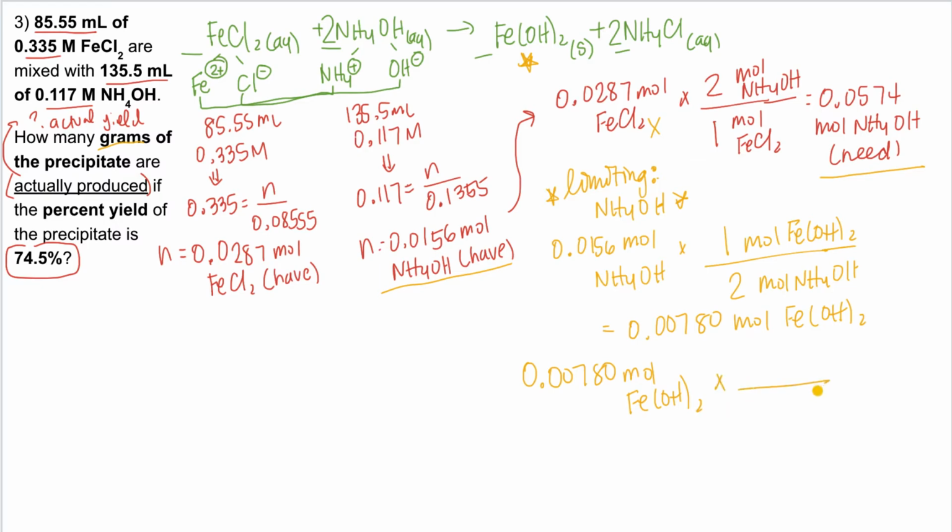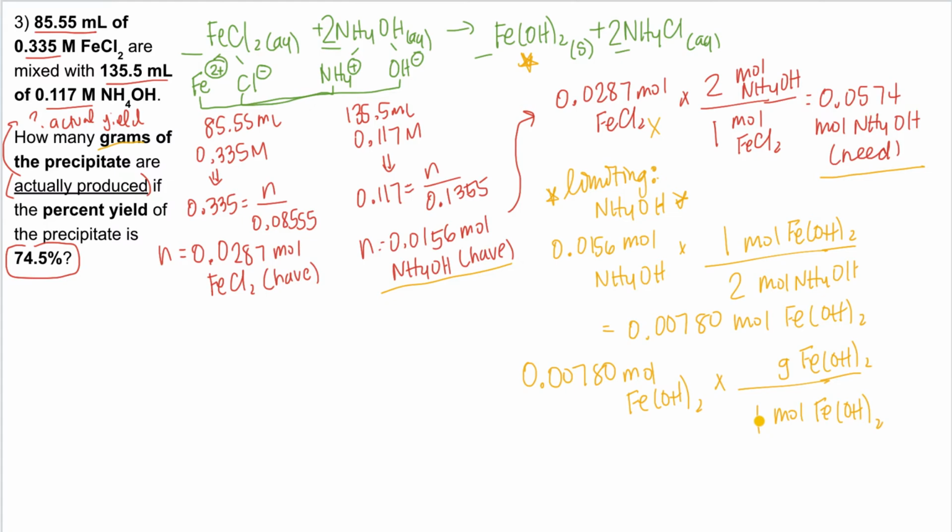So I'm going to take the moles of iron 2 hydroxide, and I'm going to convert it into grams of iron 2 hydroxide. And so that's going to be the grams per 1 mole. We're going to look at the periodic table. We see that the molar mass of iron, let me see here, sorry, I'm looking it up right now, is about 55.85, I believe.